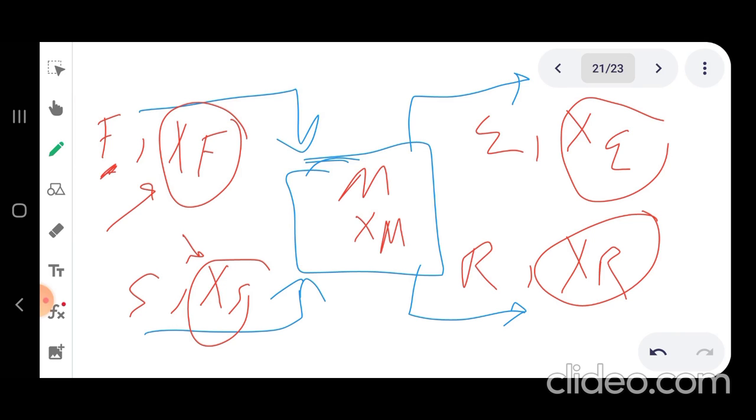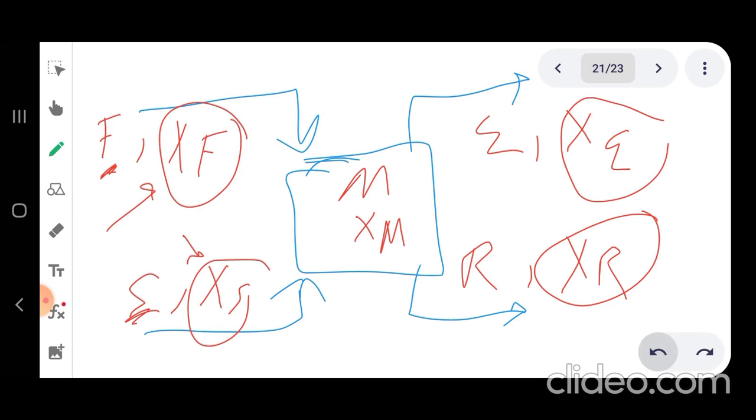XS is the composition of solute A in the solvent stream. XE is the composition of solute A in the extract stream. XR is the composition of solute A in the raffinate stream.